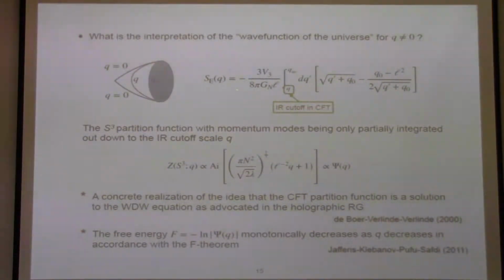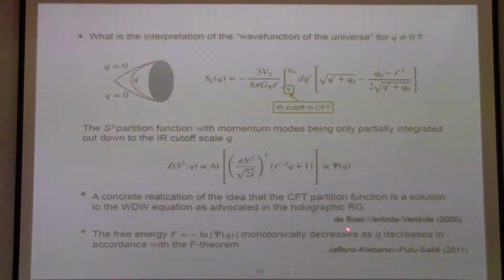So you kind of expect, because Q corresponds to the scale of the conformal field theory, the wave function with finite Q corresponds to the partition function in which the momentum modes are integrated only partially, not completely, down to the infrared cutoff.